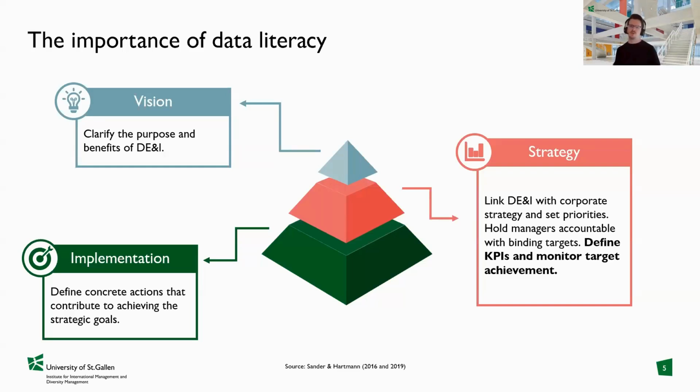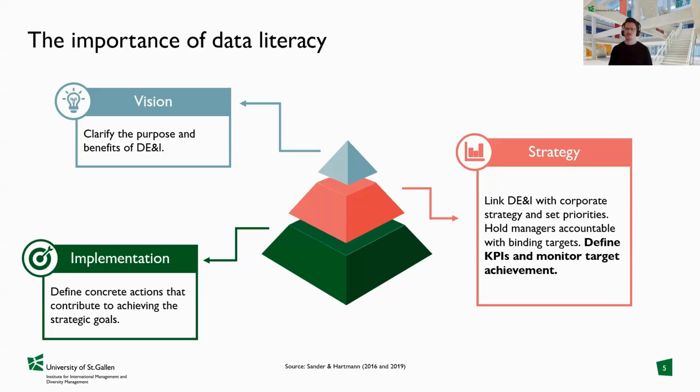And within that strategy, you can also decide what KPIs you want to monitor and target, and that will also help to hold managers accountable. That's the thing we discussed before, that you need to have responsibilities to make any progress.